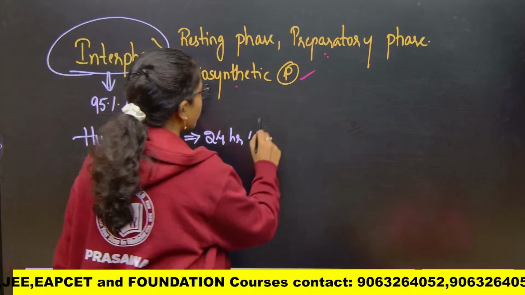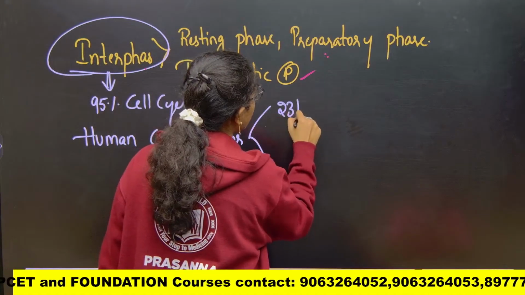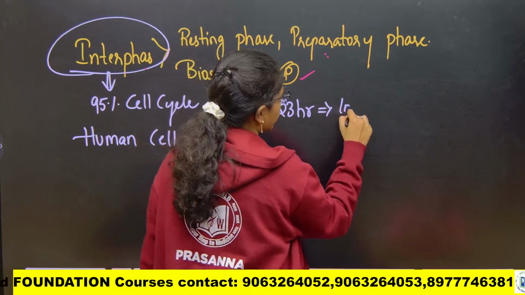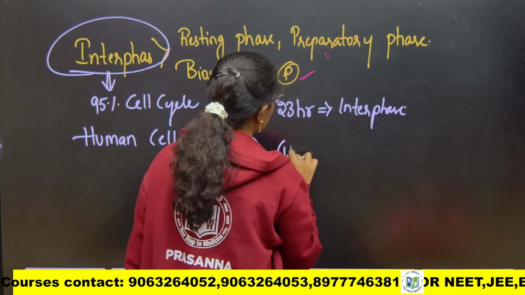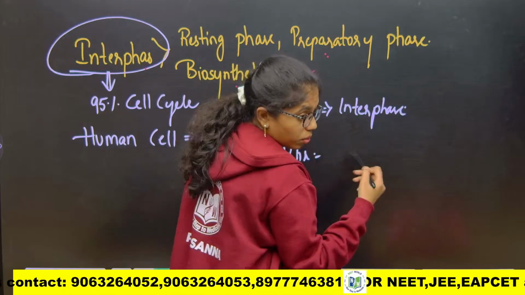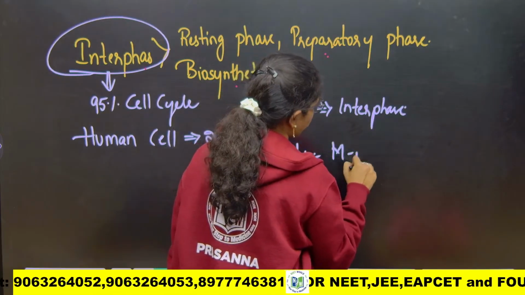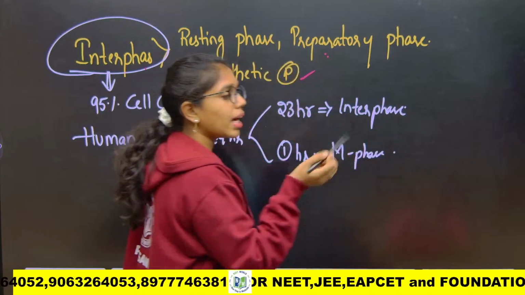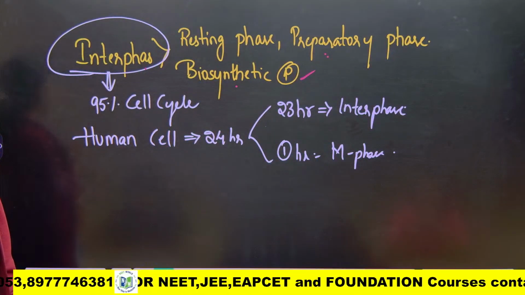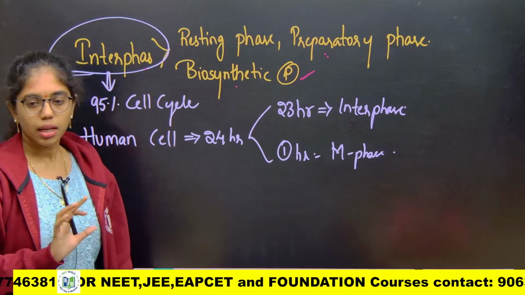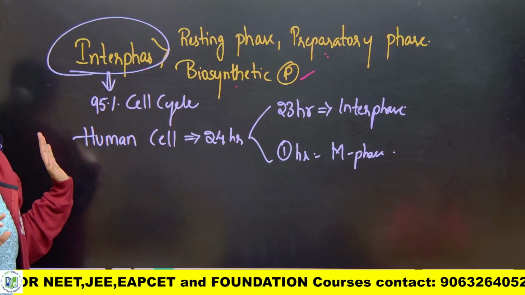Of this 24 hours, 23 hours will be for interphase, and just 1 hour is for M phase. Same in the case of yeast cell also, where the complete cell cycle will be 90 minutes. Clear? These are some basic points that you have to know.